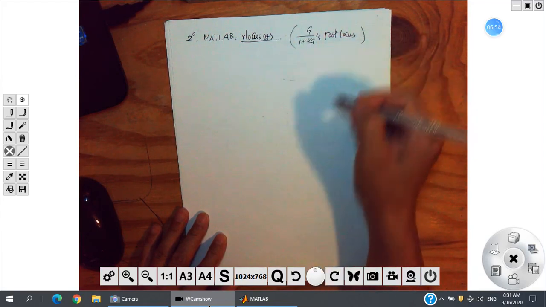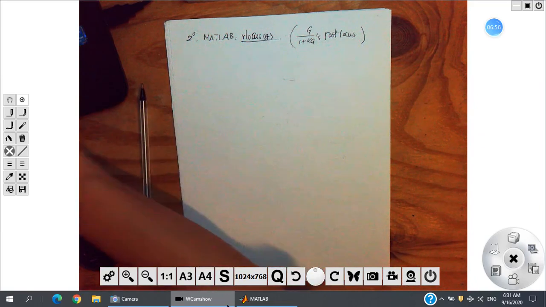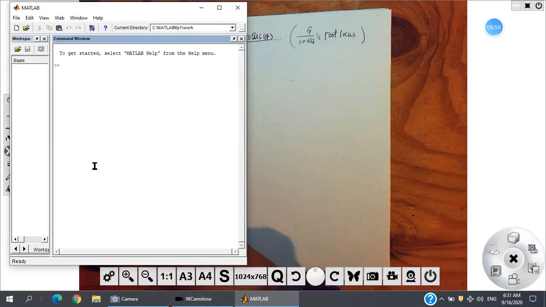And we can have a look. Suppose G is a transfer function.